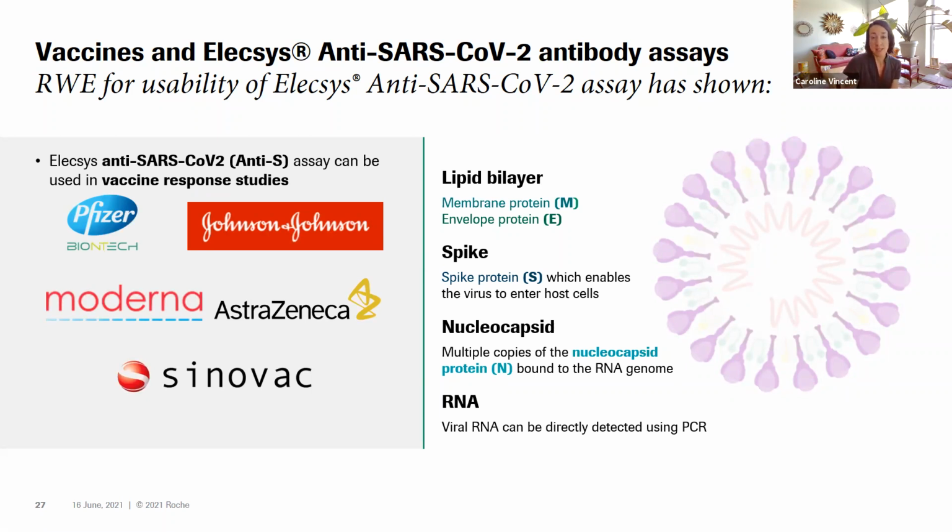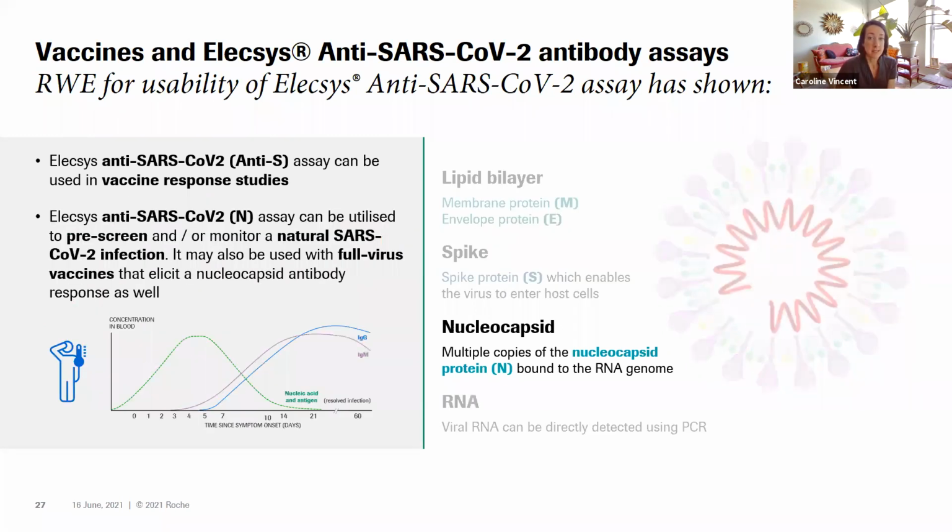The Elecsys NTN assay can be used in the context of vaccination to either screen individuals prior to vaccination to assess their antibody status, or to monitor the occurrence of a natural infection that could occur after vaccination.